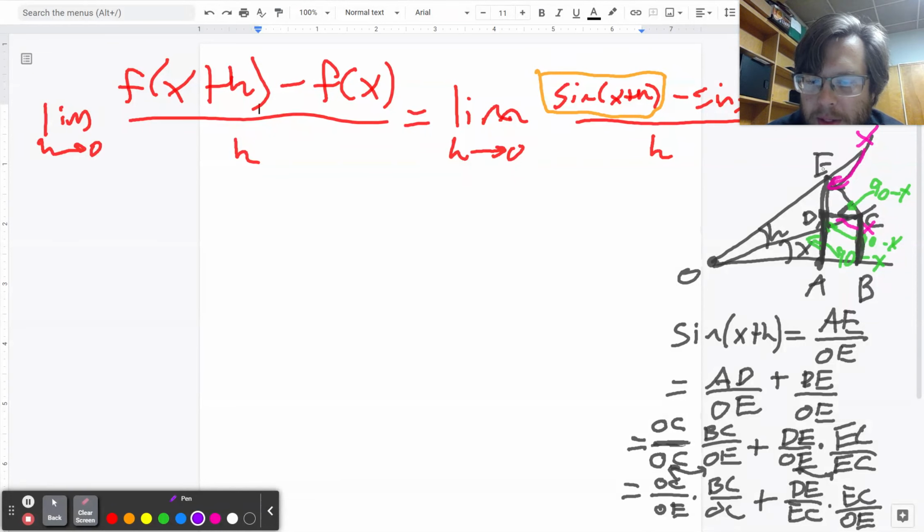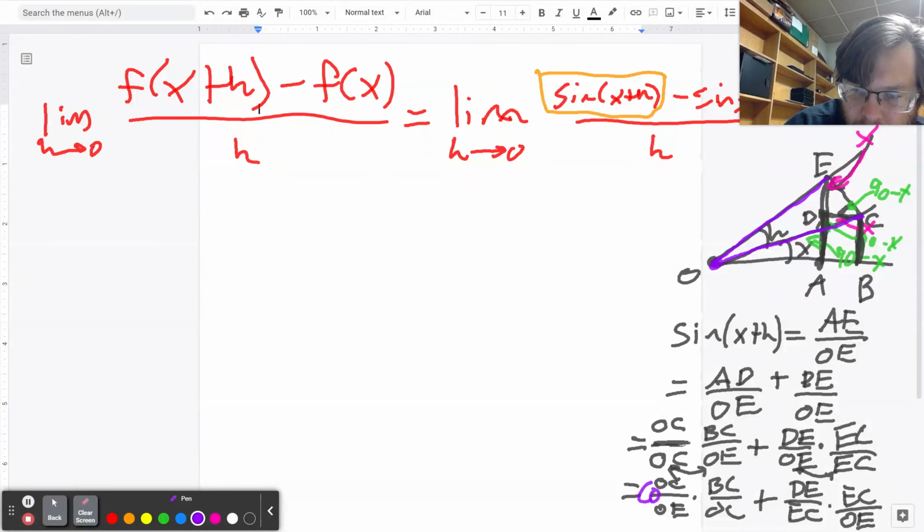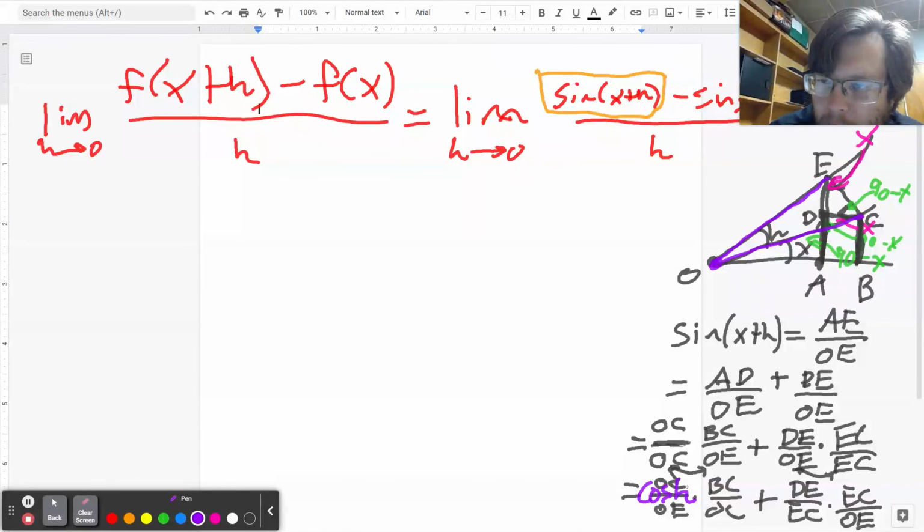All right, so now I'm going to write on top of that with what these different ratios are. So if I look at OC over OE, that's going from here to there, OC over OE. And then we can see that those are the adjacent and the hypotenuse for angle H. So this is cosine of H. Then if I look at BC over OC, that's for angle X, opposite and hypotenuse.